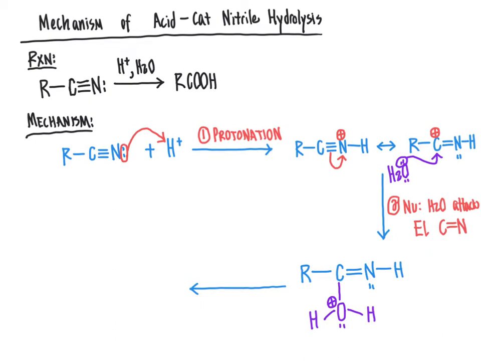So the next step is a proton transfer step. So I'll mark step 3, proton transfer. What's going to happen here is that we will take the lone pair electrons from the nitrogen, bring that over and grab a proton from our oxygen atom, breaking that oxygen-hydrogen bond there.